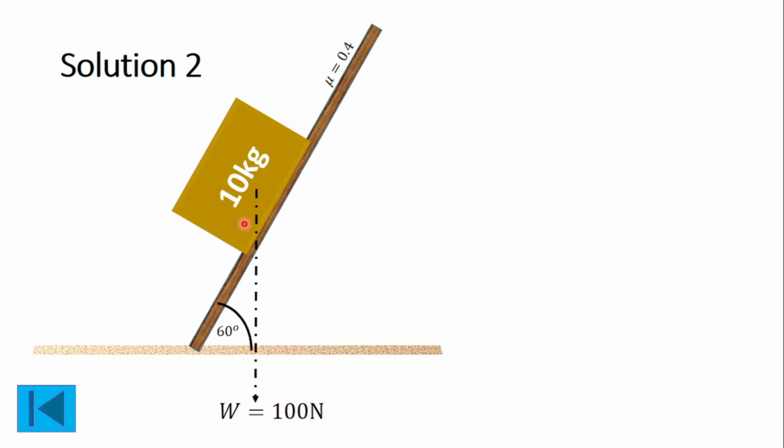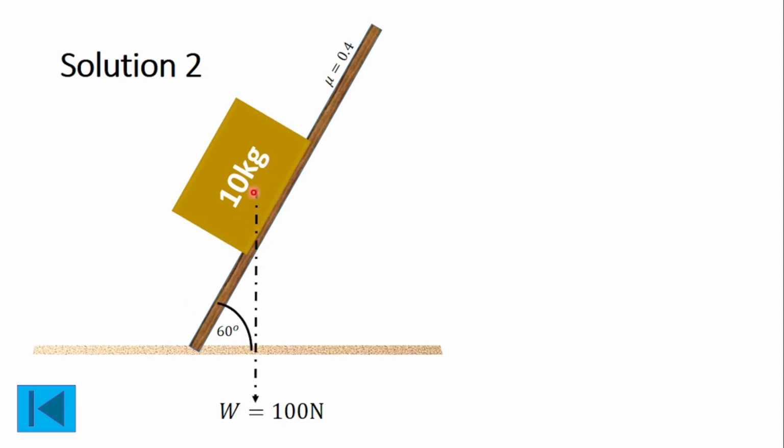Because the plane is inclined at 60 degrees, you have to resolve this weight. This object will definitely slip down this inclined plane because of the weight of the object.